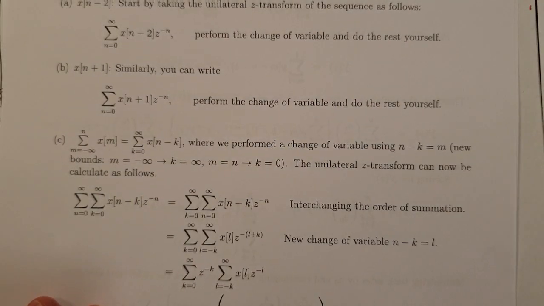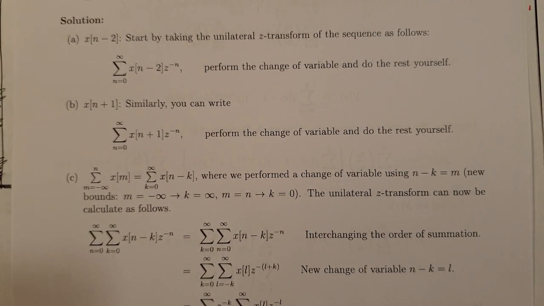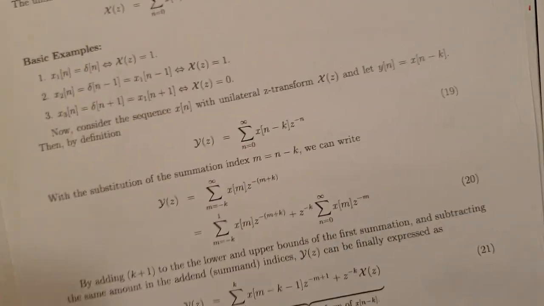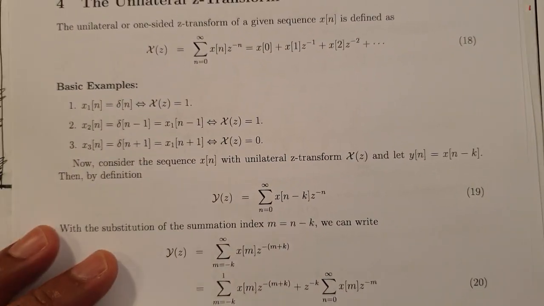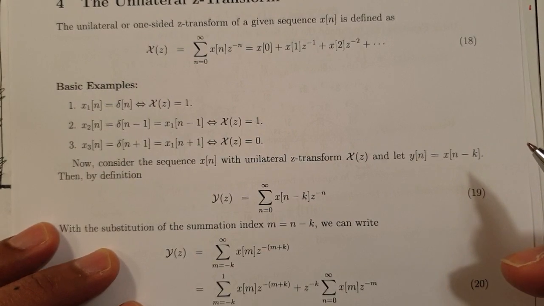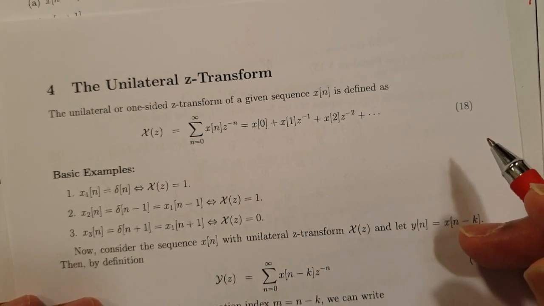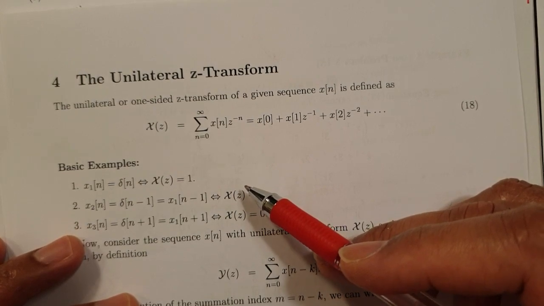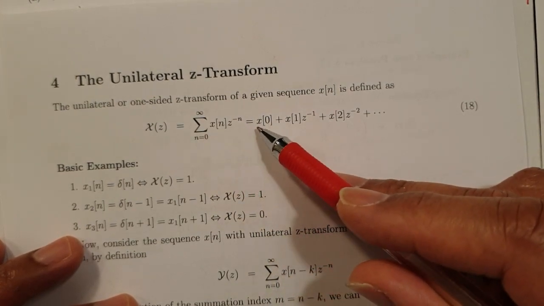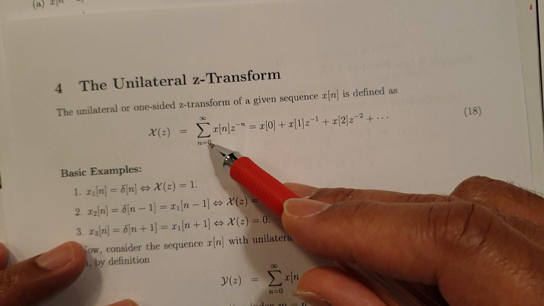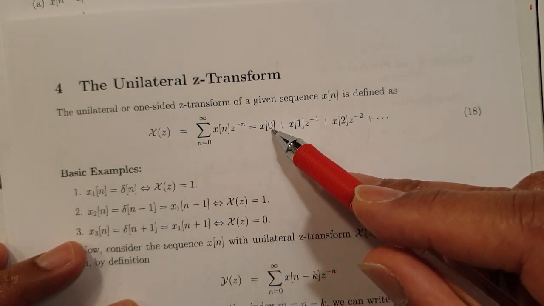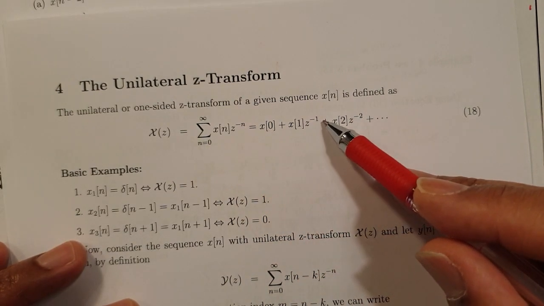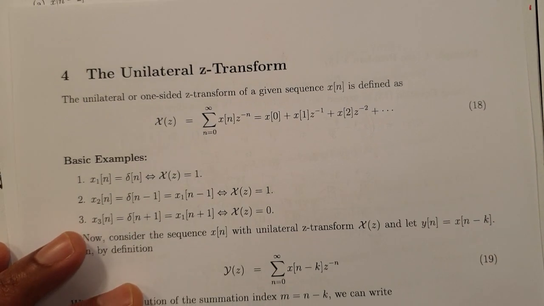Now, talking about the unilateral z transform. The unilateral z transform is just a z transform that starts at 0 instead of minus infinity. Remember that it can be expanded as a series, so n is 0, z to the 0, so I have x of 0, x of 1 z to the minus 1, and so on.